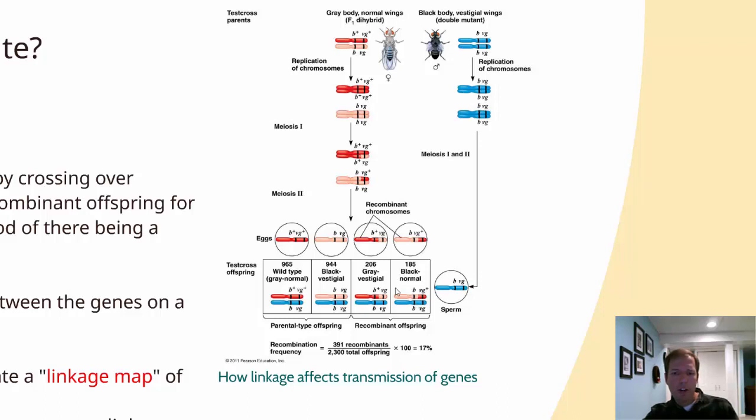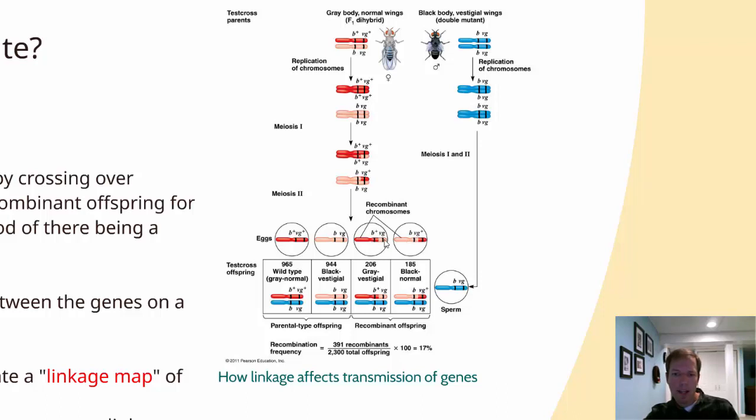But what is actually true is that those are the product of a recombination event. So a recombination of DNA that resulted from the fact that crossing over occurred somewhere in between, as you can see in the picture, somewhere in between those two genes on the chromosome.